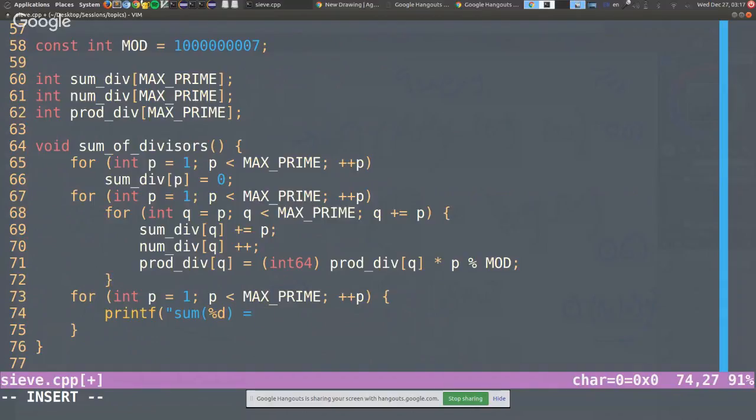So we print the sum of divisors and the number of divisors and the product.